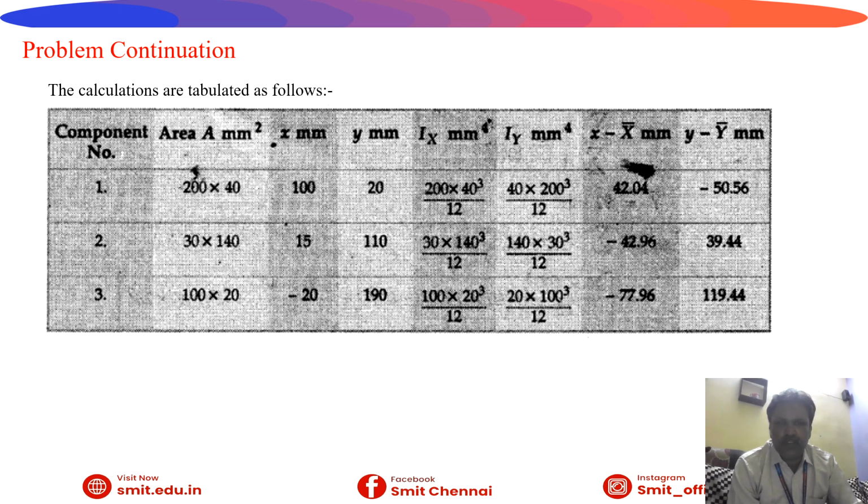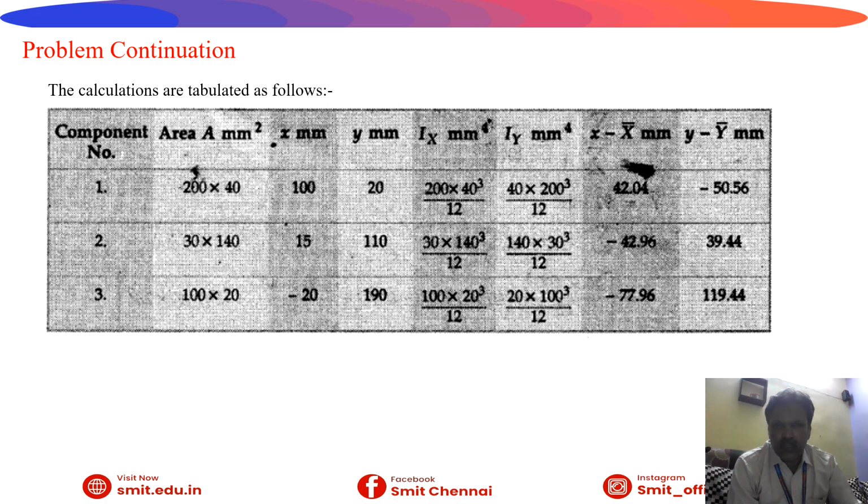Along x, the values are 100, 15 and minus 20. Based on these values, you get the centroid, and we also get the centroid along y. Then finally we apply the moment of inertia formulas along the x and y axes, that is bd cubed by 12, and the other one is db cubed by 12, vice versa. So we multiply and divide by 12 to get the final answer.